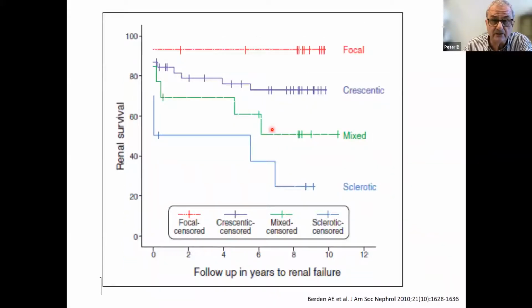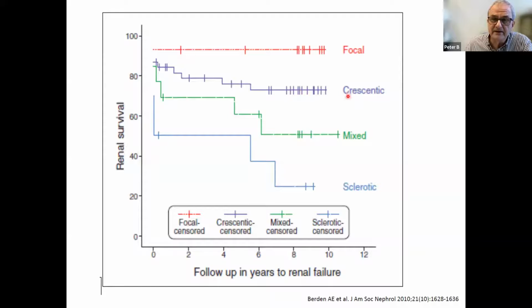The extent of how many crescents and focal segmental changes you have, and also how many sclerotic glomeruli you have in the biopsy, is important for the prognosis. So if you only have fibrinoid necrosis and very few crescents, then you have the best prognosis and more acute findings.